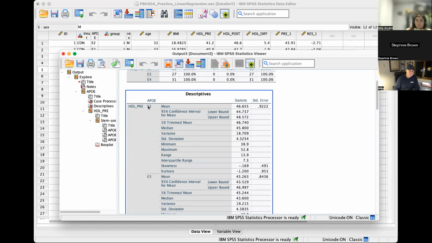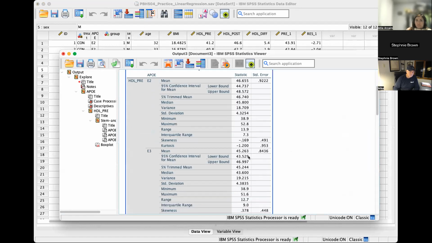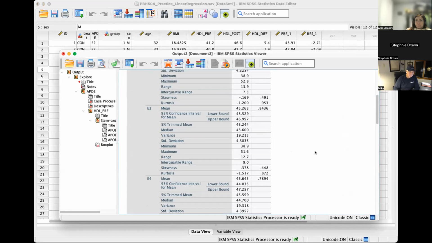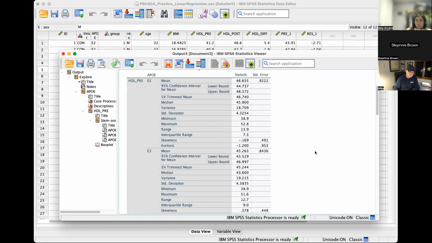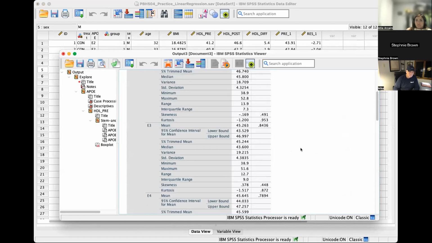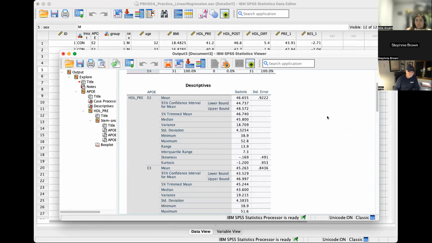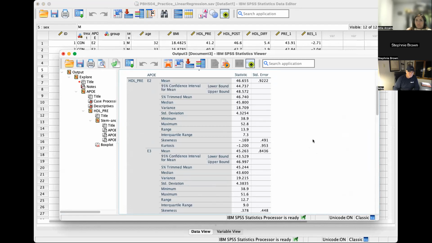So we find that E2, those folks have a mean of 46.66-ish. E3, those folks have a mean that's slightly lower. And these folks, E4, not a huge difference between 3 and 4, but they both seem to be a little bit lower than E2. And of course, we looked at that last week for practice, right?